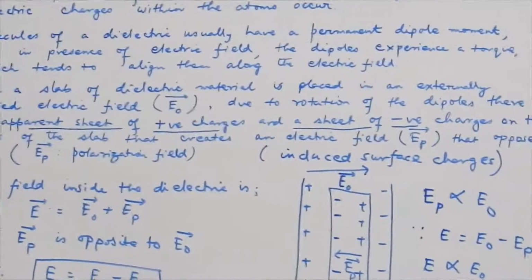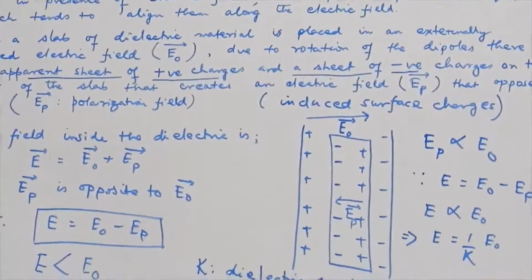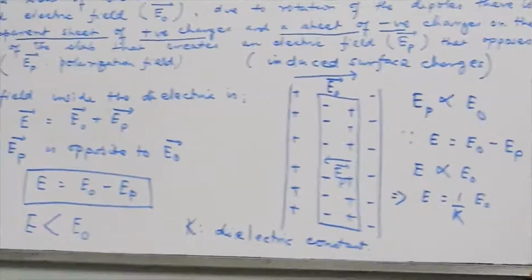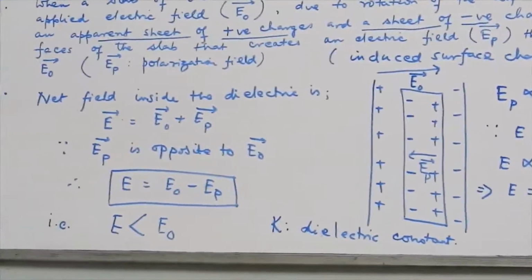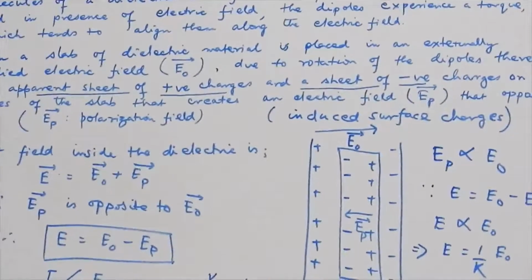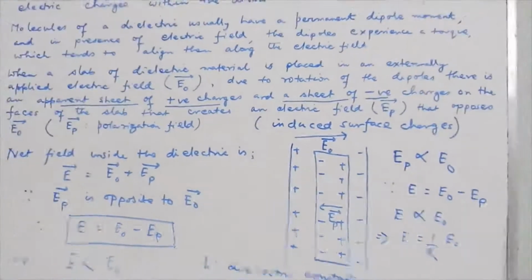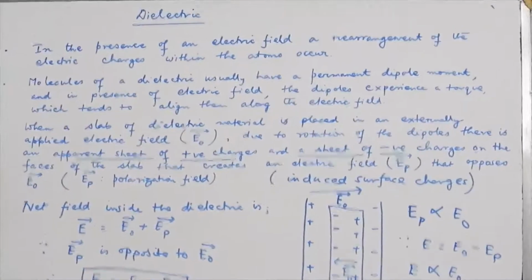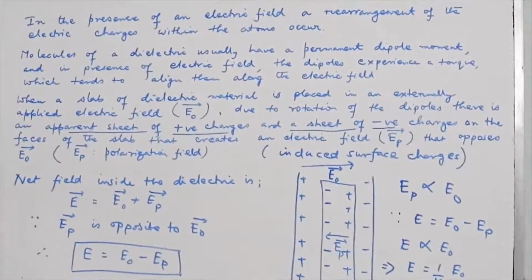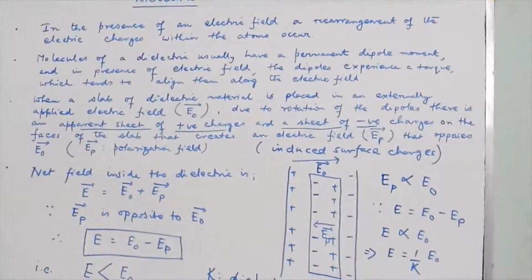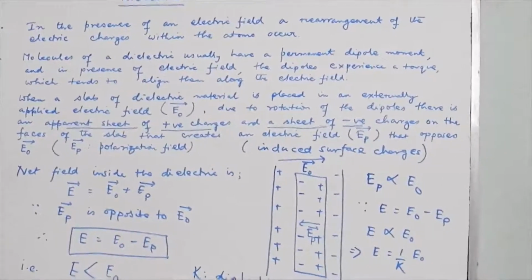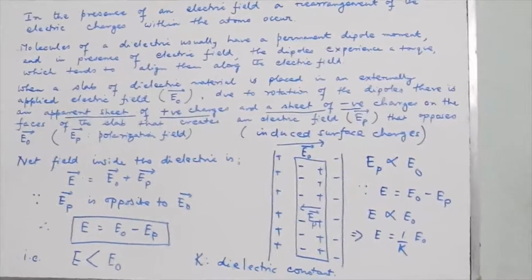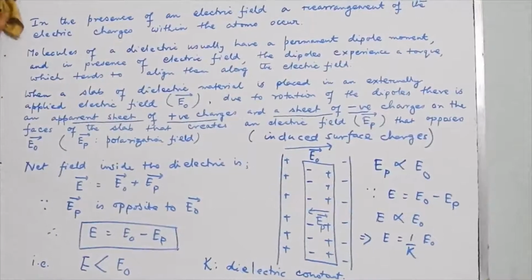So we come across different types of dielectrics. Either the dielectric is polar or the dielectric is non-polar. In case of polar dielectrics, the molecules have a permanent dipole moment. But in the case of non-polar dielectrics, the molecules do not have a permanent dipole moment.